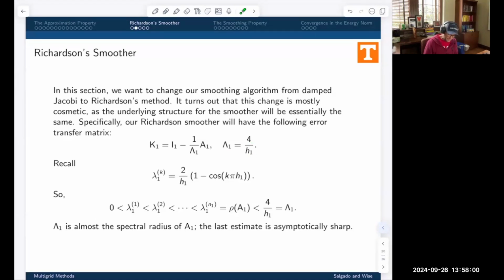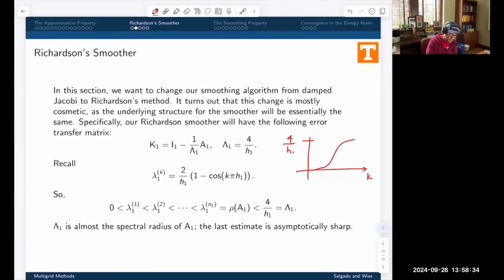Now recall that for the eigenvalues of our stiffness matrix, we had a nice formula. Let me explain this again. Our eigenvalues, if we plot them, just look something like this. And if you learn nothing else from this course, I think you're going to learn the eigenvalues for the stiffness matrix. You'll never forget them. I plotted things here as if k was a continuous variable.